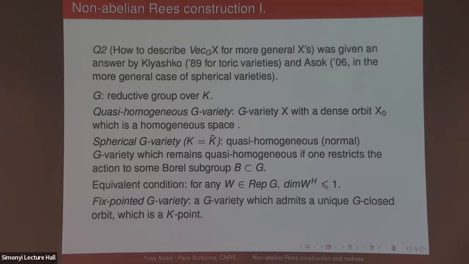This is a G variety which admits a dense orbit, which will always be denoted by X naught, which is a homogeneous space under G. So you can think of a quasi-homogeneous G variety as a partial compactification, G-equivariantly, of a homogeneous space.